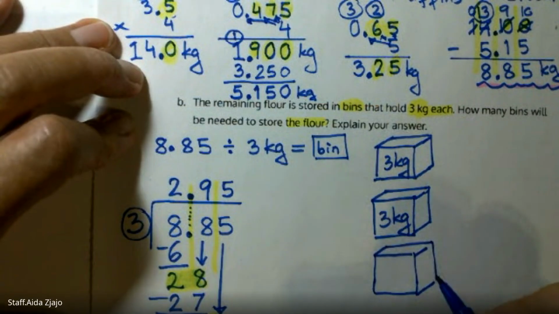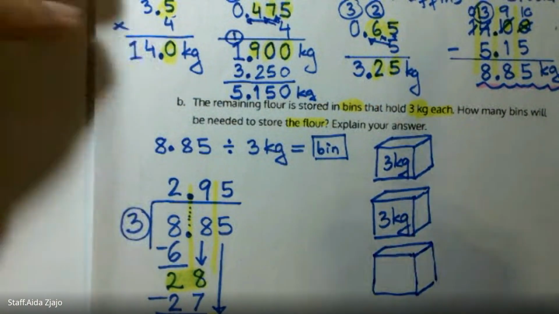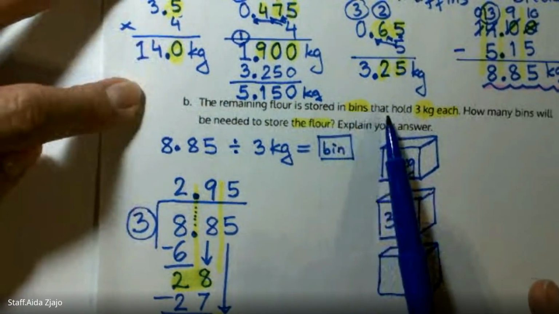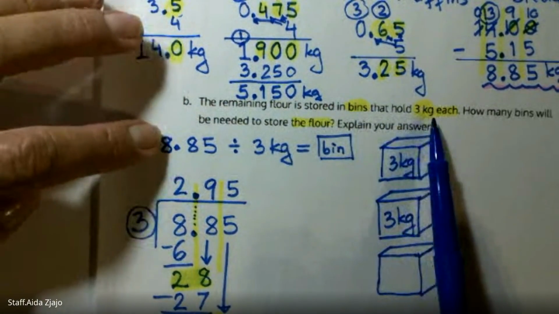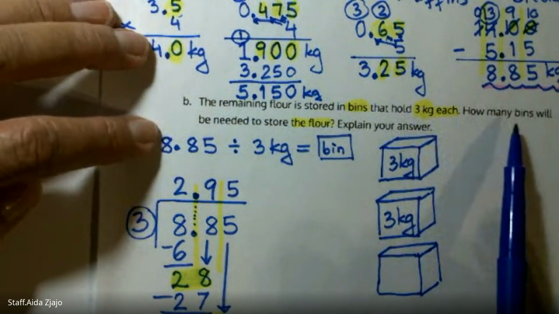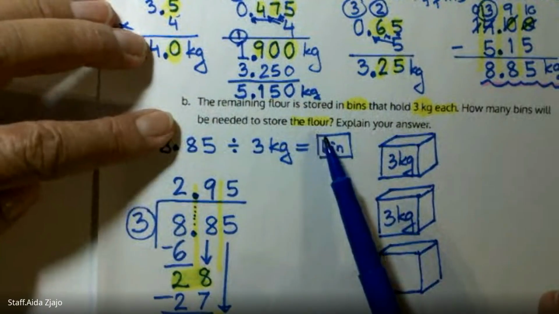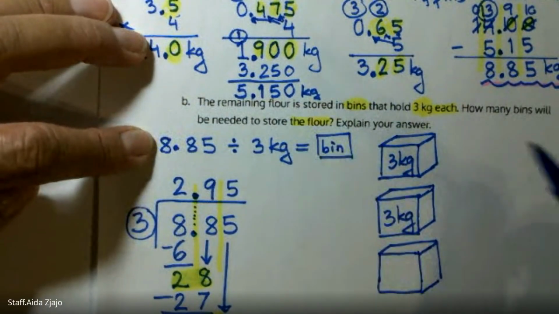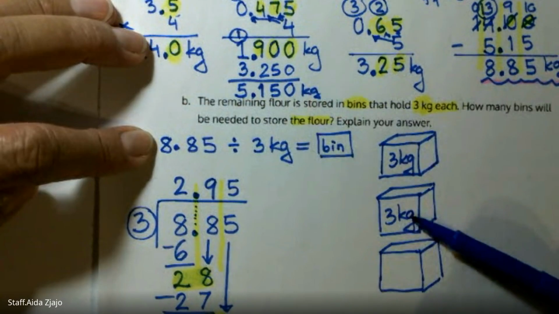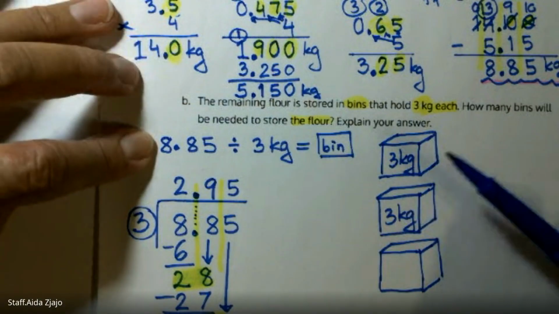Okay. So if I did that correctly, guys, the remaining flour is stored in bins that hold 3 kilograms each. How many bins will be needed to store the flour? Okay, 3 and 3 is 6.